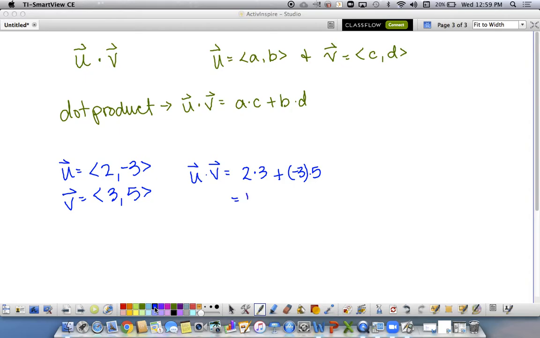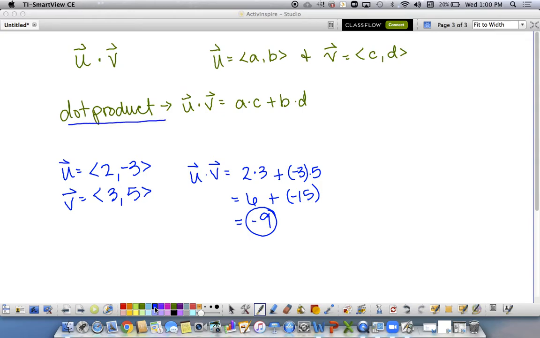So we have 6 plus negative 15. So what's 6 plus a negative 15? We should get, I believe, negative 9. Okay, that is your dot product. It's going to be one number when we're multiplying vectors together.